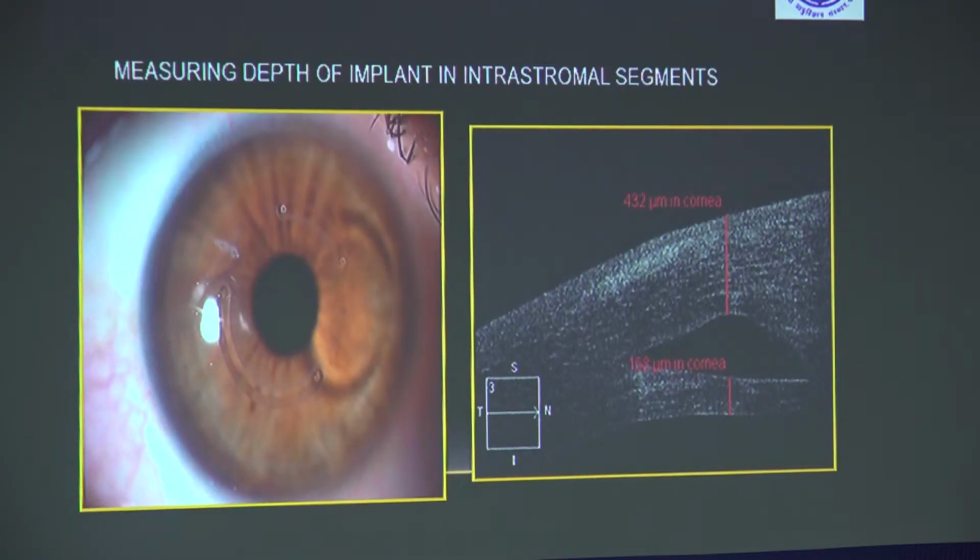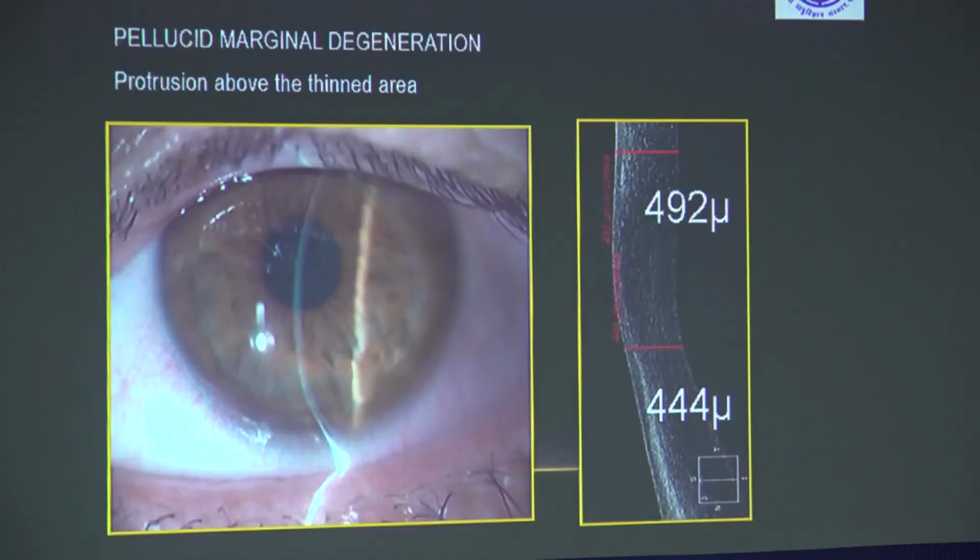As far as implantation of intrastromal ring segments is concerned, we can judge the depth at which you have implanted it. Usually 60 to 70% depth is preferred, and we can see it here. So it gives you a lot of information, not just helping in making a diagnosis, but also later on to follow your patients.